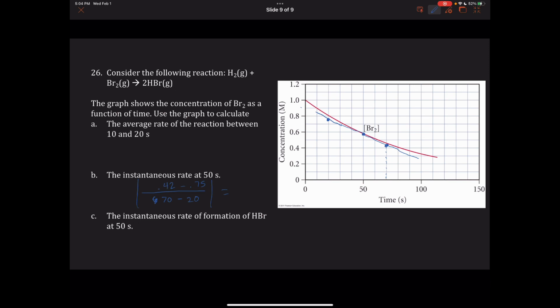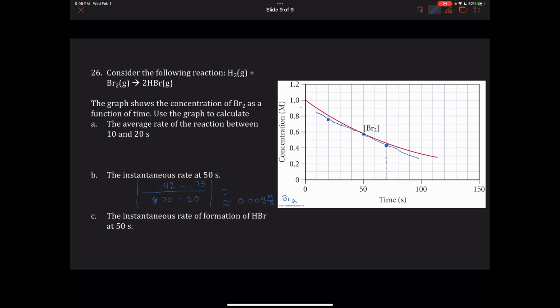You would have a ruler and paper to use in order to draw those tangent lines, pick your points, and calculate the slope between them. We should be getting a slope of approximately 0.008 molarity per second in reference to the bromine. It may be off slightly depending on the points we picked or how much we estimated, because we don't have great significant figures with this particular graph.